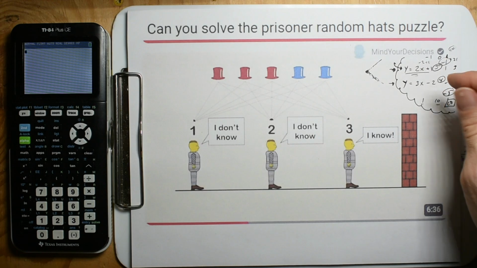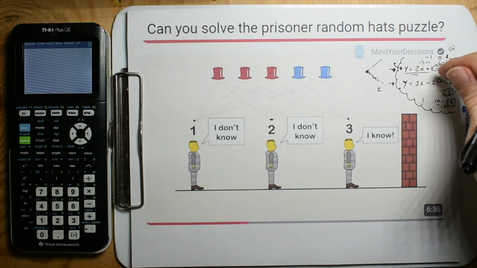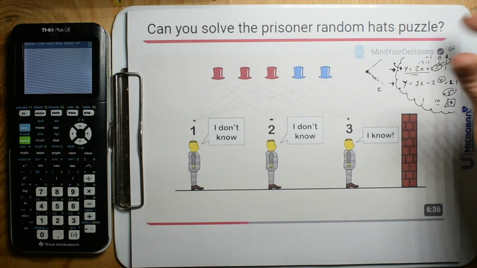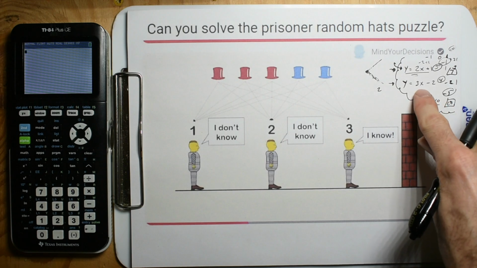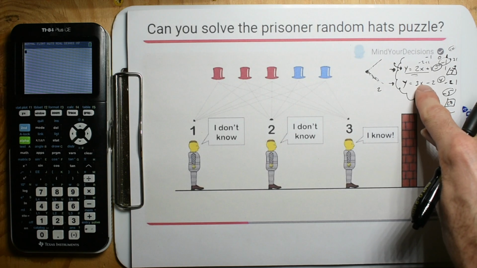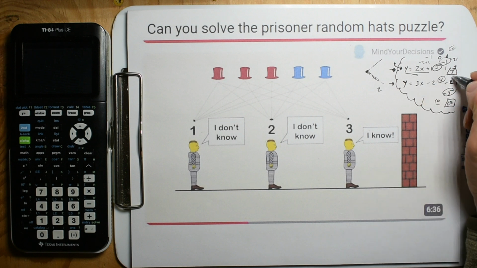So we're getting close. Now if I throw in 3, I'm going to have 6 plus 1 is 7 up top. And the bottom is 3 times 3 is 9, minus 2. That's 7.